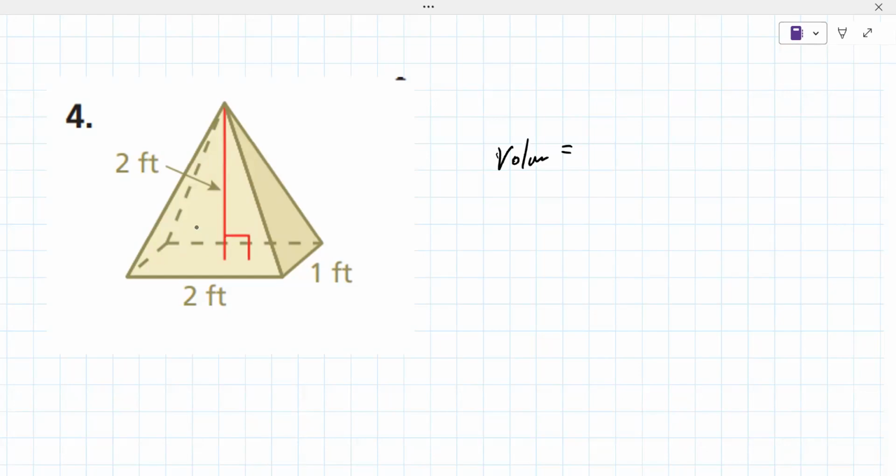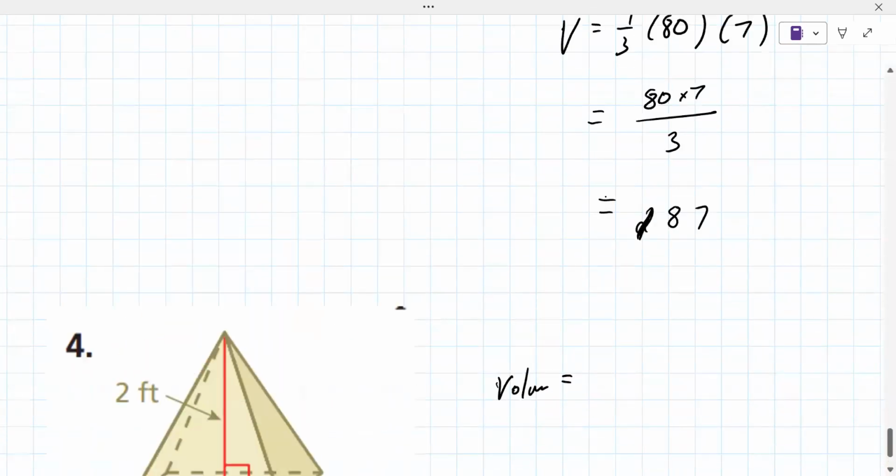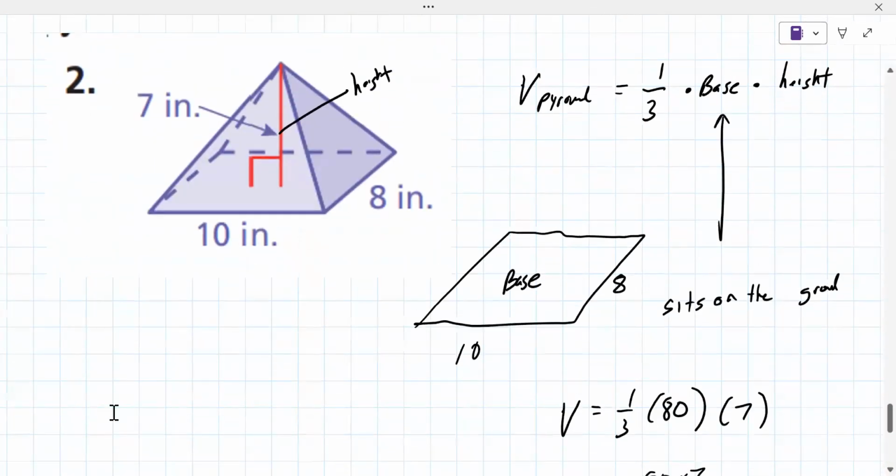Can I look at the other one again? Sure. Oh, so you wouldn't add them together first.